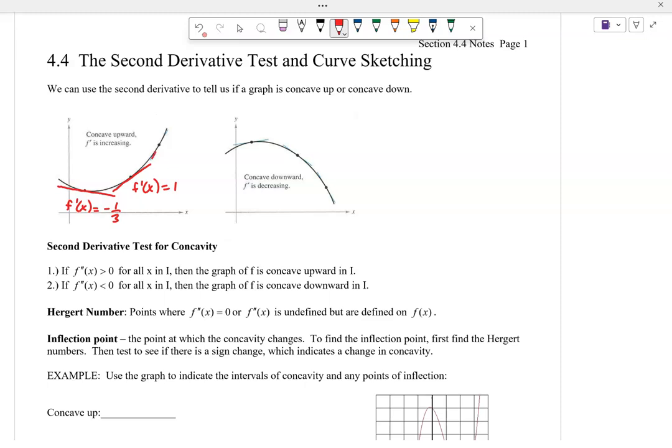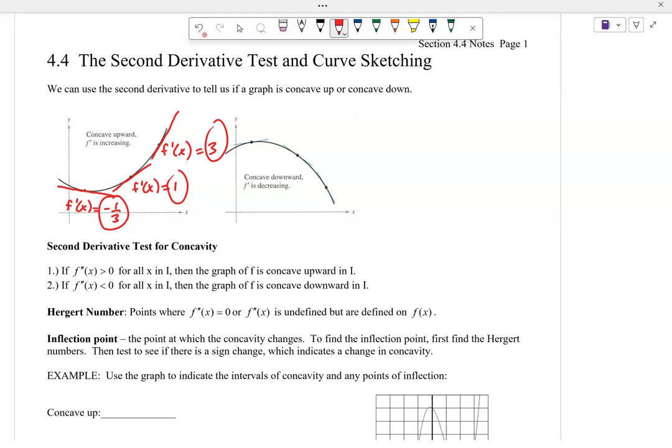And then see how it's a little steeper? It's still positive on that next slope of the tangent at that point. Maybe that's like 3. If you notice, it goes from negative 1/3 to 1 to 3, so the derivative is increasing. The value of the derivative is increasing there, right?